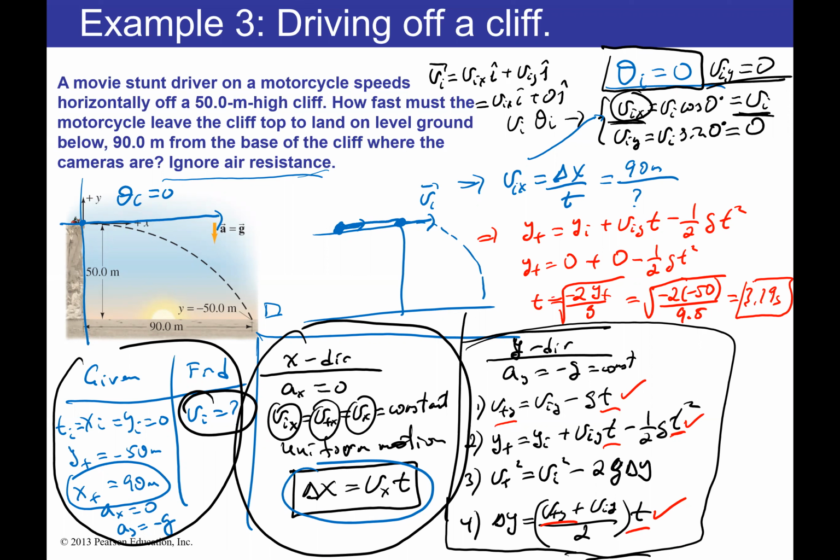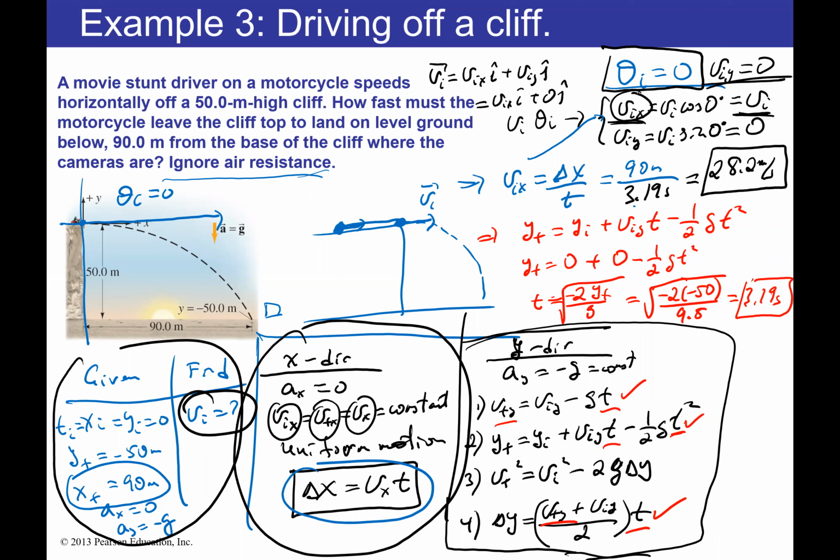Now that I have time, I can come back to my previous equation and write the time that I just calculated, 3.19 seconds here. Calculate my initial velocity component in the x direction, and I'm going to get 28.2 meters per second. All right, so that's my initial velocity in x.